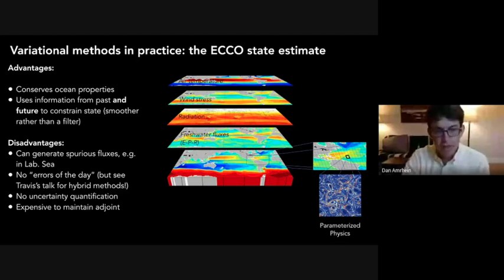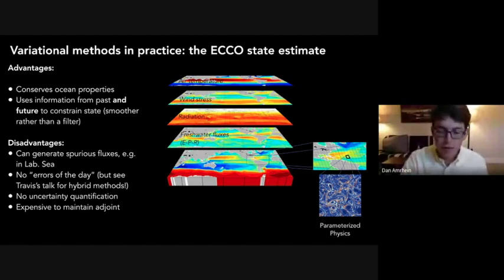The disadvantages are that you can generate spurious fluxes. You can fit the observations for the wrong reasons. For instance, in that discussion of North Atlantic reanalyses, they point to the fact that ECCO has some spurious fluxes in the Labrador Sea. Ensemble methods have the advantage of having these covariances that are state dependent, so that how an observation affects the state depends on the state itself.